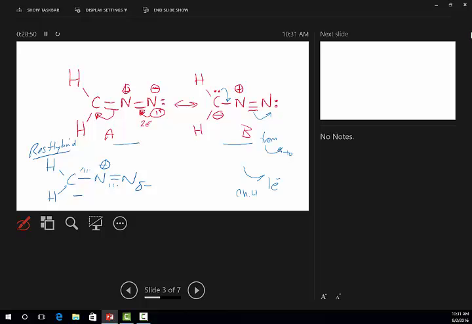So now my other question. What's left? We've drawn the resonance structures. We've drawn the hybrid. So what's left? Which one's more stable, A or B? So that's the question. Which one is more stable, A or B? And I'll make C an option. C would be that they have the same energies. So which one is more stable, A or B?